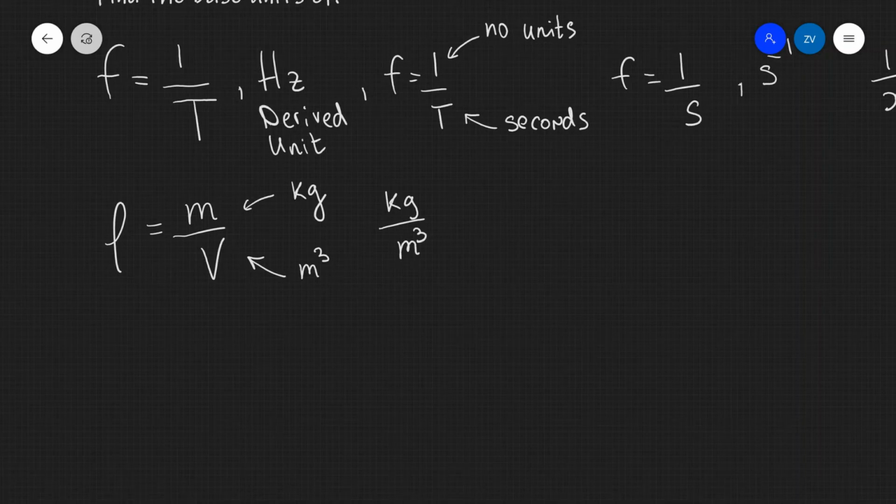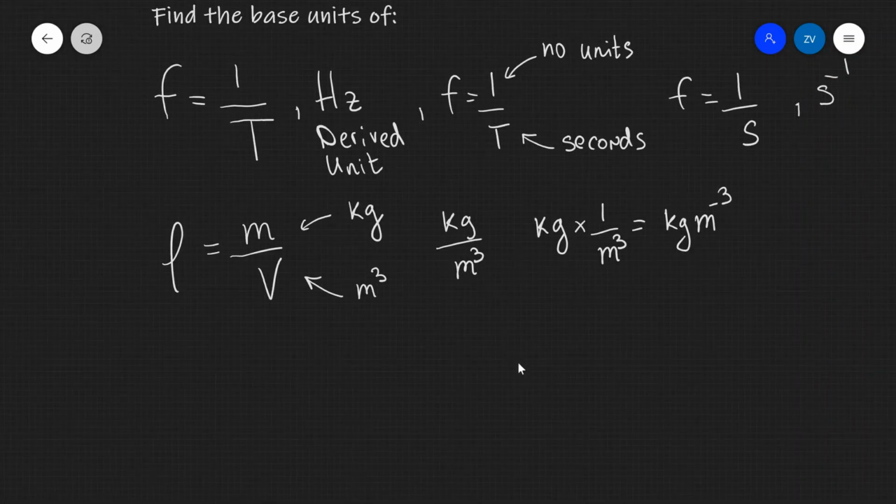The way we're going to write that is, just as we discussed here, kilograms times 1 over m to the power of 3, which is equivalent to kg m to the power of -3. And this is how we tend to write down the unit for density in A-level physics.